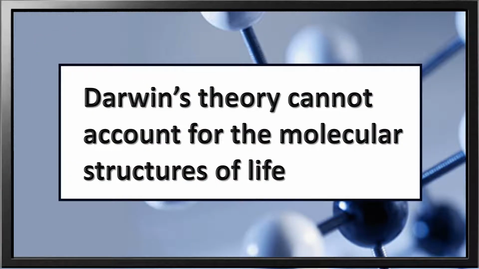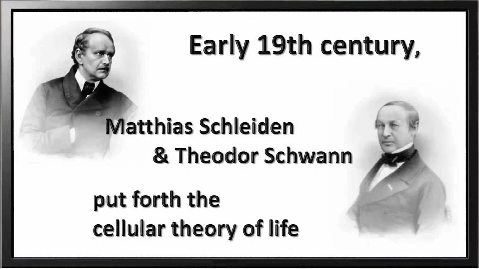So Darwin's theory just does not account for the molecular structure of life. What are we talking about in essence here? Early in the 19th century, two scientists, Matthias Schleiden and Theodor Schwann, put forth the cellular theory of life. Do you know what that means? All of you that have had biology know that all of us are made of cells. Every life form we have is made of cells.